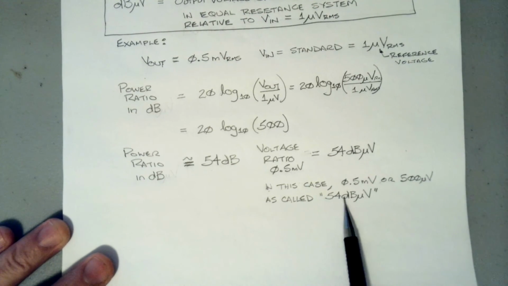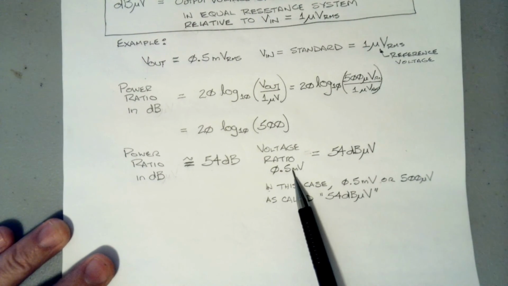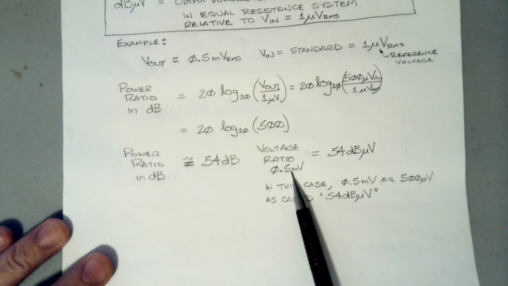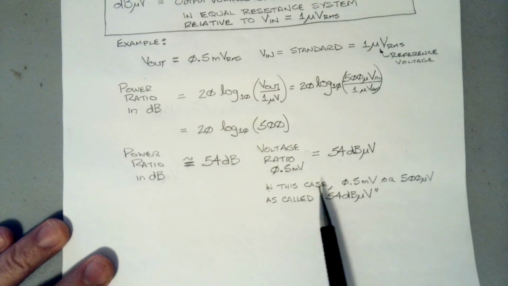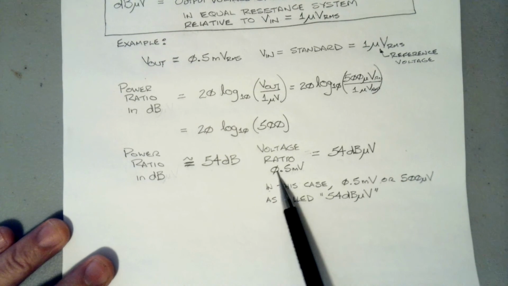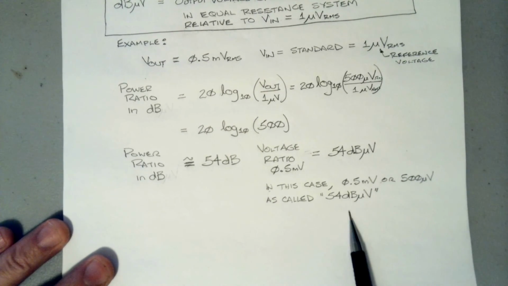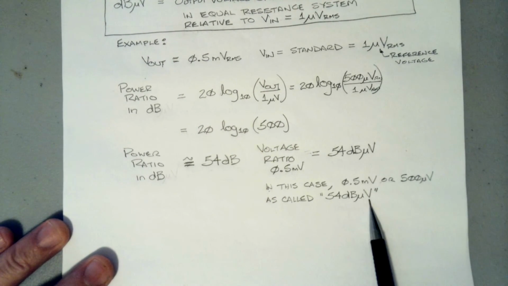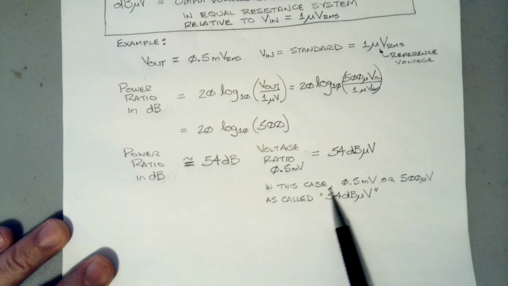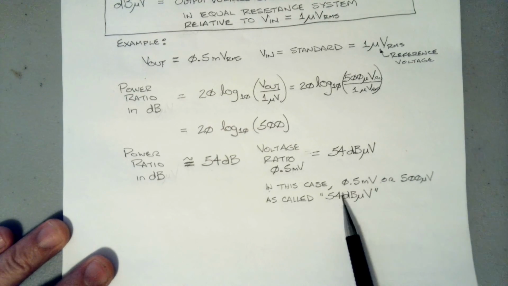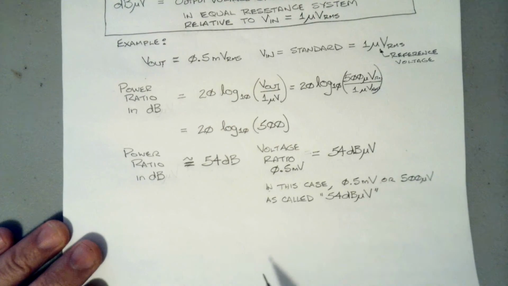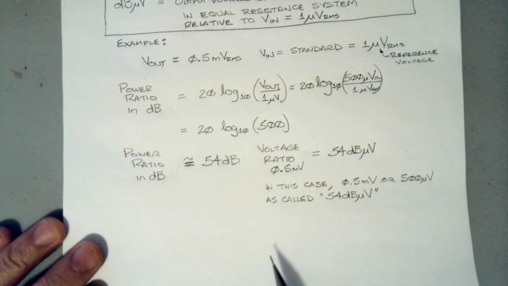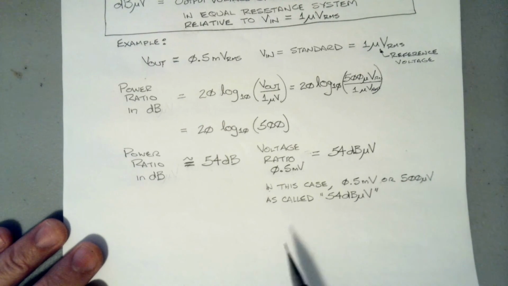Again, it's a way of referring to this voltage with respect to a microvolt, because maybe the system is characterized in a certain way, and you could refer to it as this voltage, or you could refer to it as 54 dB microvolt, and that may help in some calculations because you've already considered it from a power ratio standpoint.